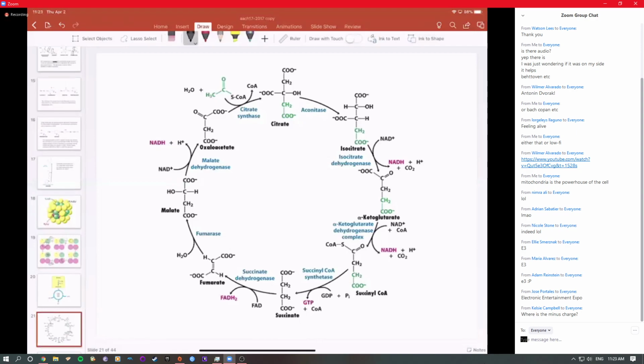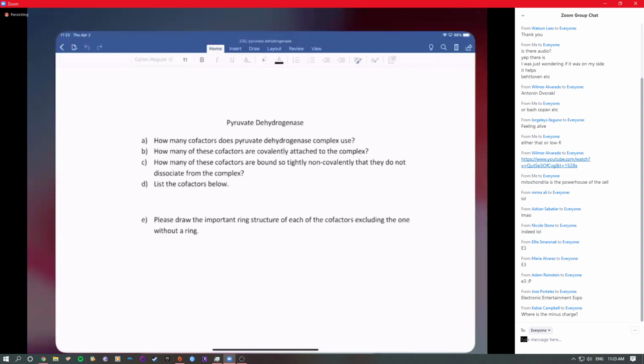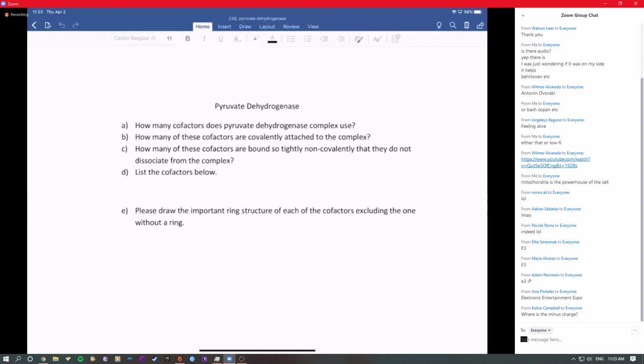Now, what we're going to do is go back and take a look at the worksheet for the pyruvate dehydrogenase complex. I'm going to send everybody off to a breakout room for, let's say, 20 minutes, so to 11:45. And then we'll do the pyruvate dehydrogenase worksheet.